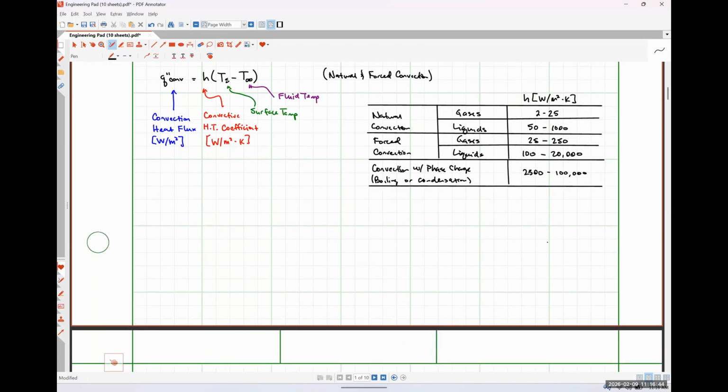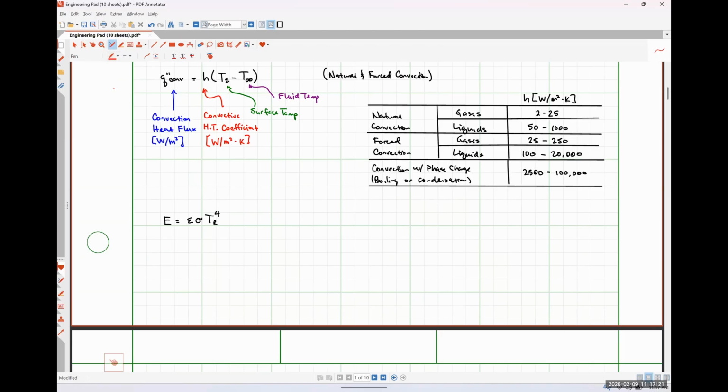Our last equation is going to be for radiation, where we're going to have E is equal to epsilon, which is not going to be permittivity, sigma, which is not going to be conductivity, TR to the fourth power.